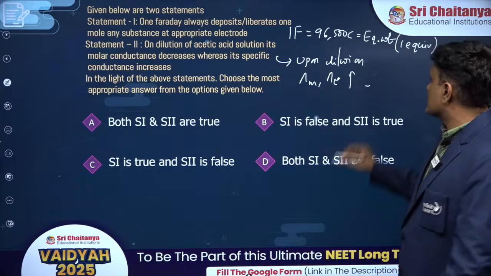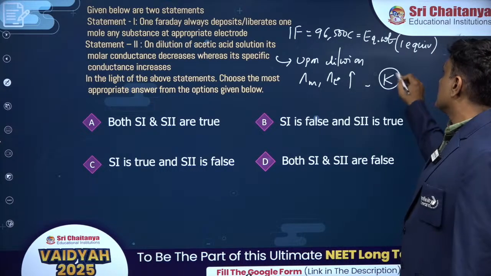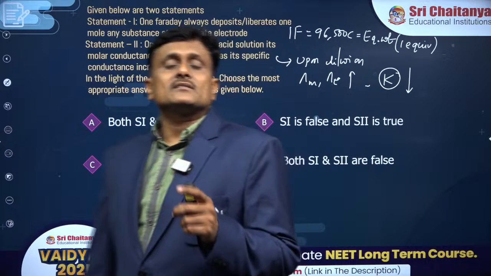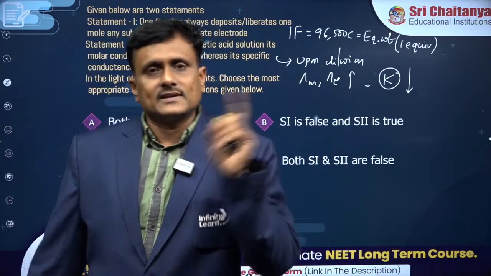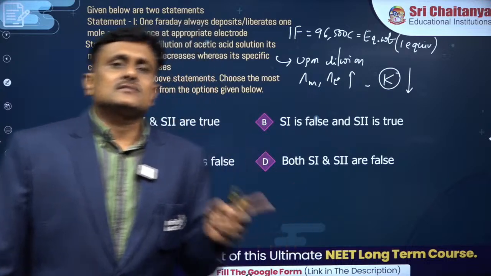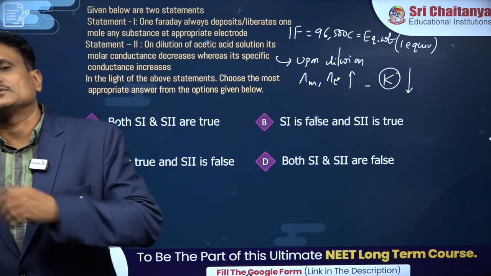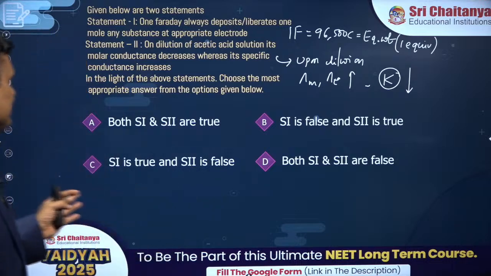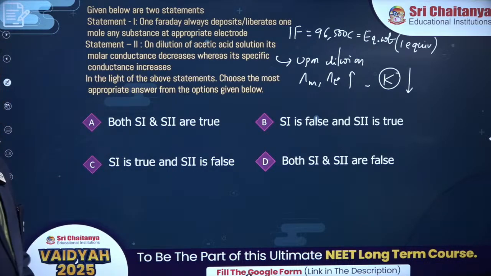But specific conductance or conductivity decreases because the number of ions per unit volume decreases. No matter which electrolyte you take, K decreases, while the remaining conductances increase. So what happens? Statements 1 and 2 are false. That's a brilliant answer, Rebecca. I think you understood, isn't it?